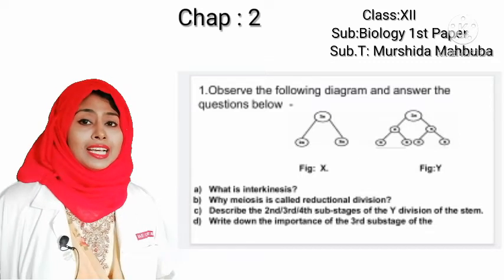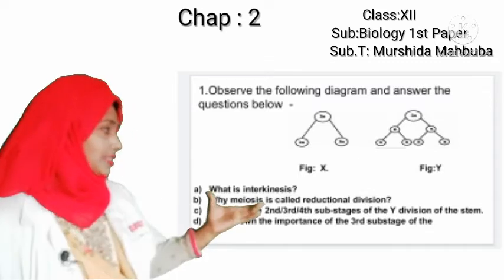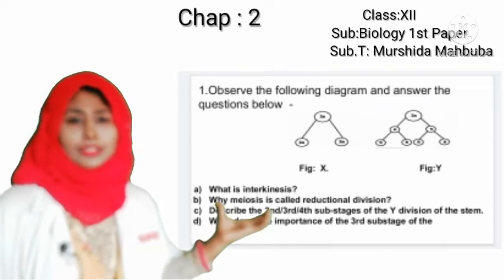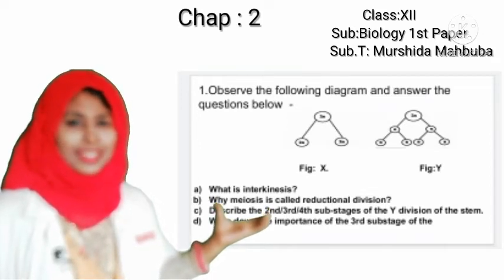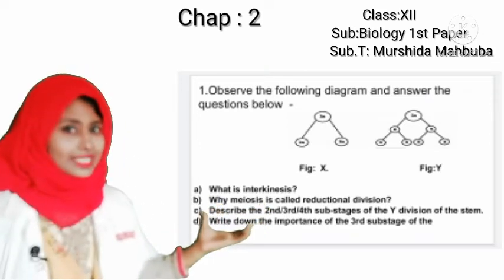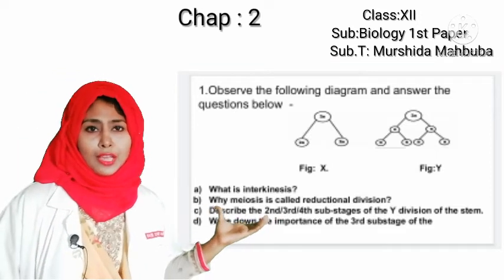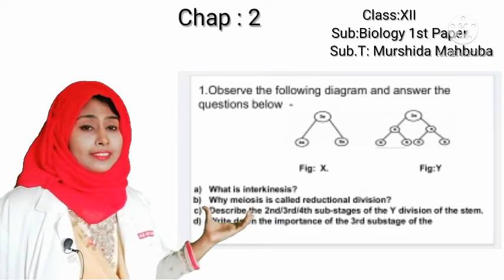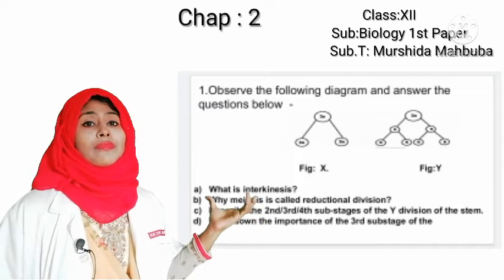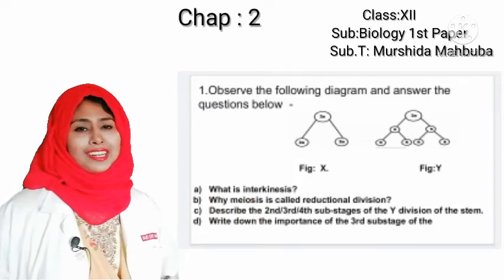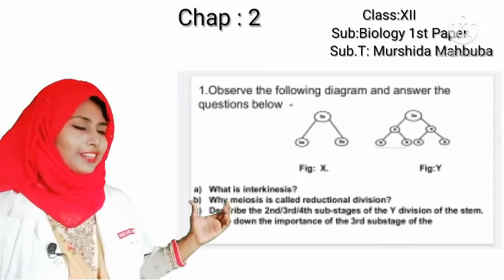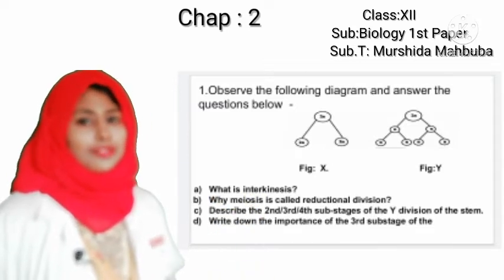What process is being talked about? In the Pachytene stage, the process being talked about is crossing over. So you have to write down the importance of crossing over.